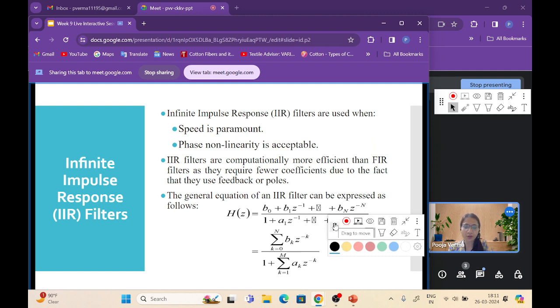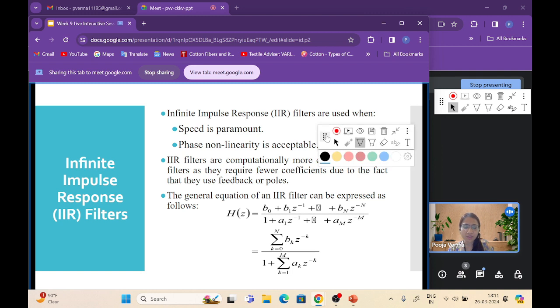So the general equation for IIR filters is represented as H of z equals b0 plus b1 z inverse plus b2 z to the power minus 2 plus up to bn z to the power minus n, divided by 1 plus a1 z inverse plus up to am z to the power minus m, where the upper part is called the zeros and the lower part is called the poles.